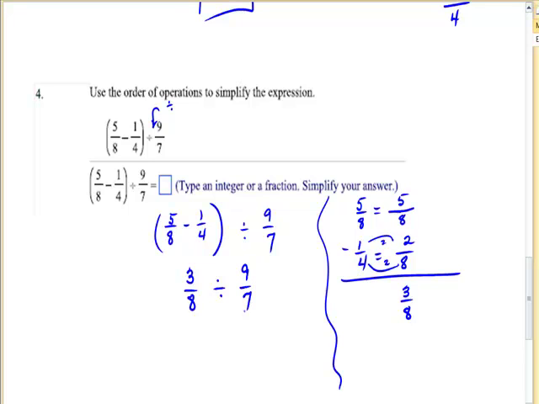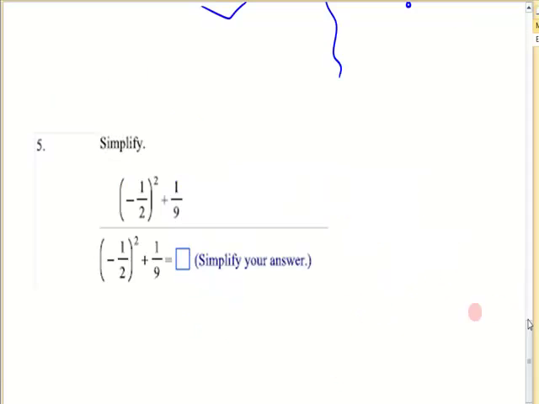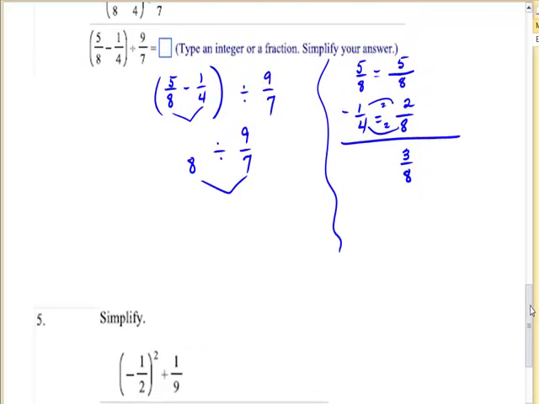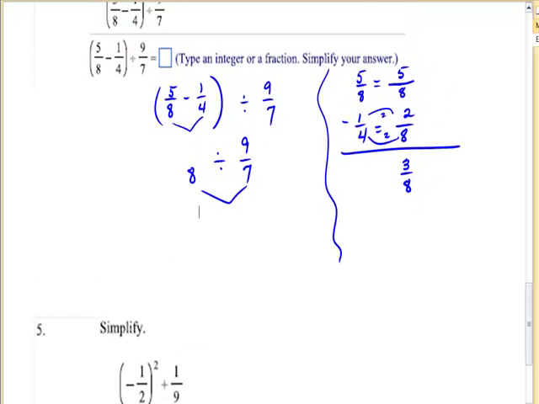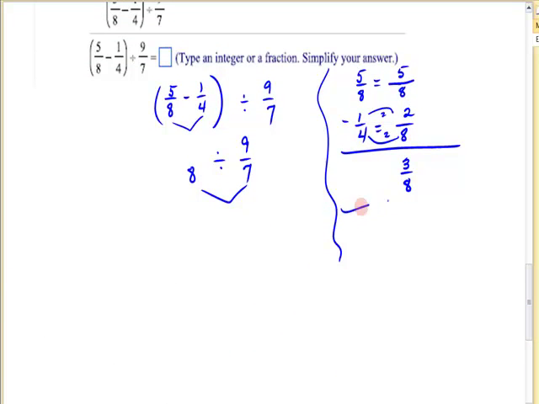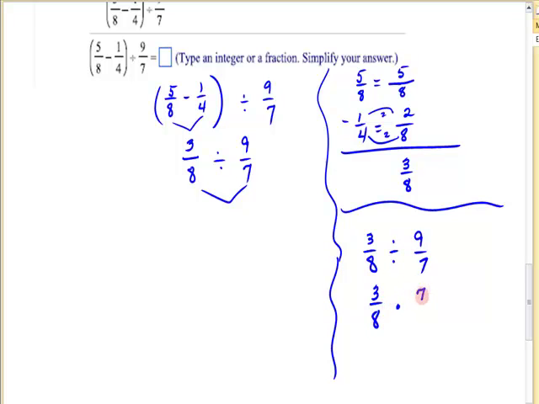What do I do for division? I do keep, change, flip. Let me give myself a little more room. All right, so I have 3/8 divided by 9/7. Keep 3/8, change to multiplication, invert or flip.